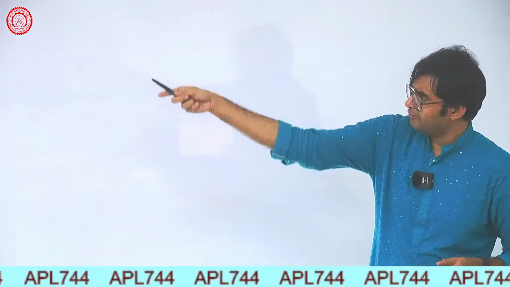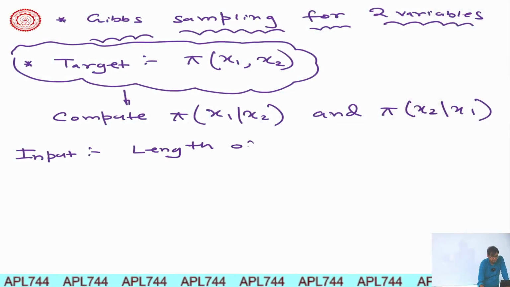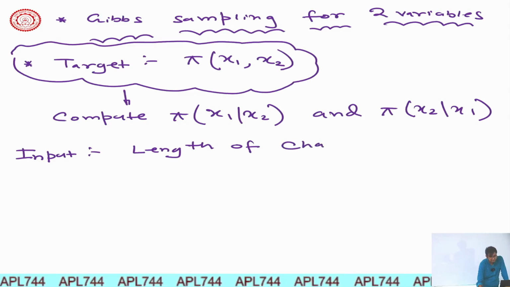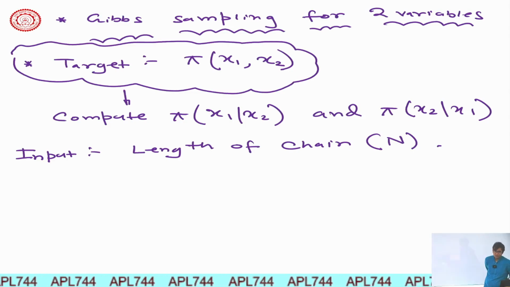The input is the same as Metropolis Hastings. What were the inputs? Length of the chain, and then there is a proposal. There is no proposal in this case, so only the length of chain, because your proposal will be those conditionals. By the way, I am using this terminology length of chain in the context of Markov chain, but it's basically the same.